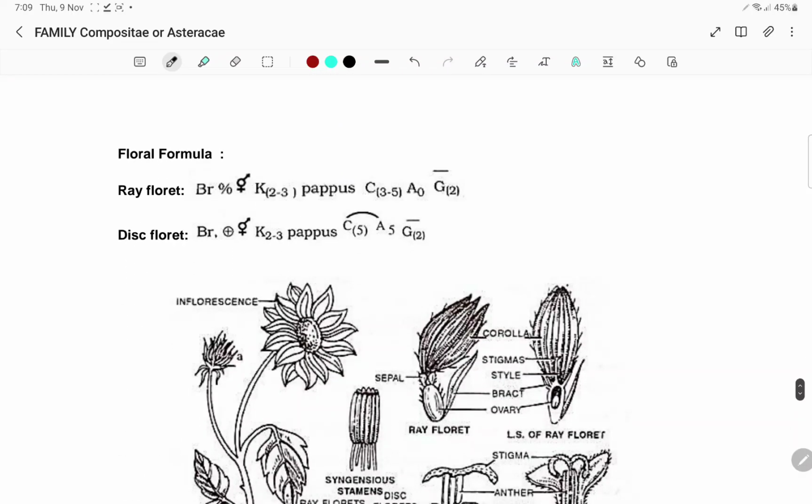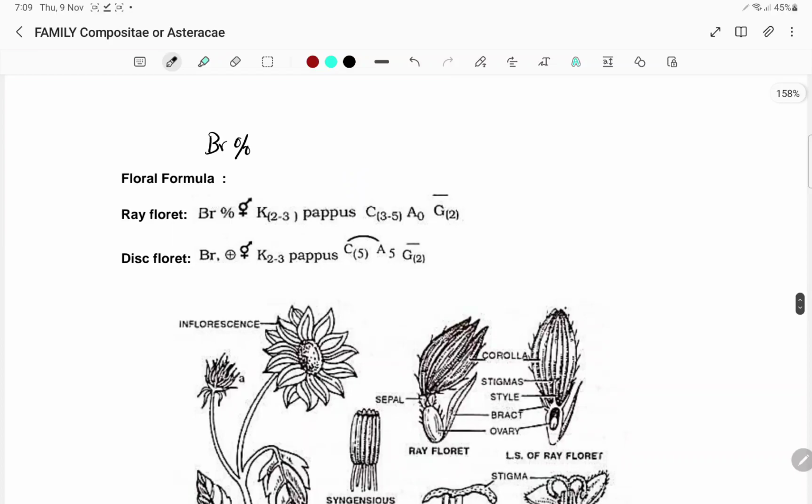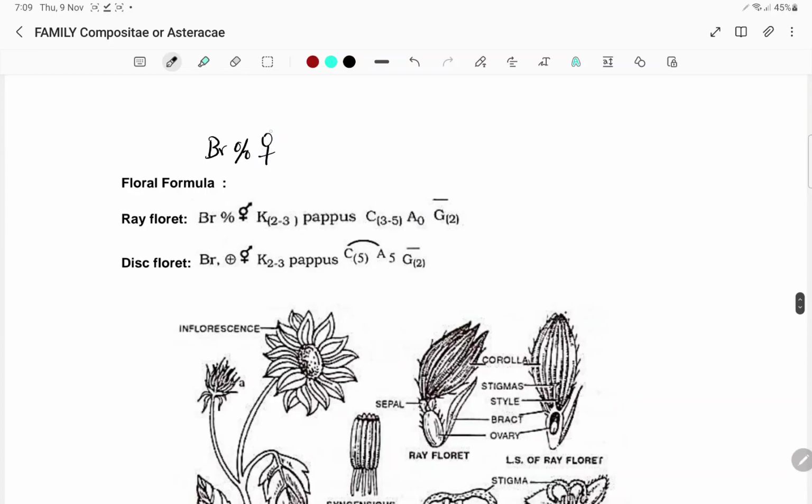Here is the floral formula. So ray florets: they are bractate, zygomorphic, bisexual. Calyx is 2 to 3 and it is reduced as pappus. Corolla is 3 to 5, and those are fused. Androecium is 0.